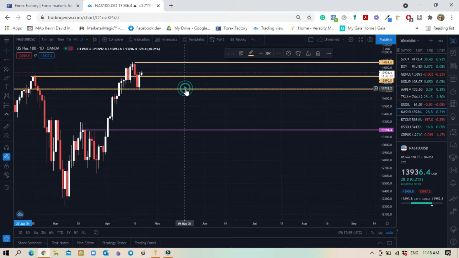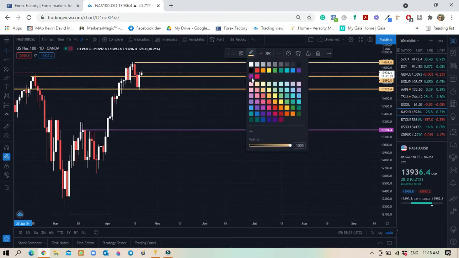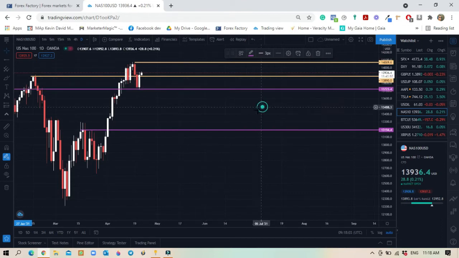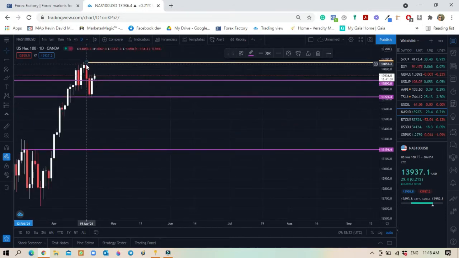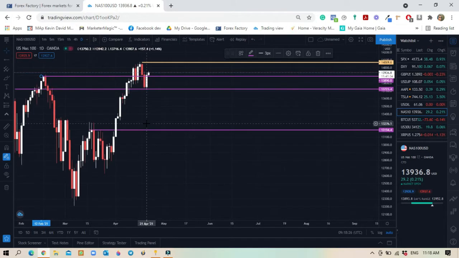So we have support there, we have support there, and I would say, yeah, we have another support here. Okay, so guys, support, support, and support. This would be a resistance. Okay, why? Because it's resisting price, supporting price, and that is how you trade in every market.